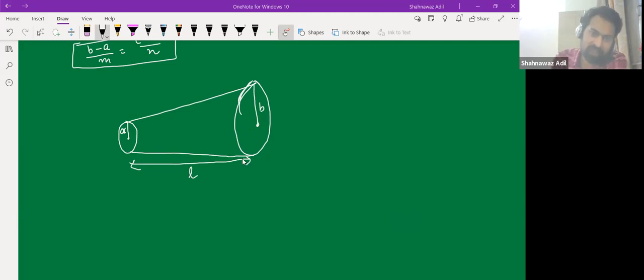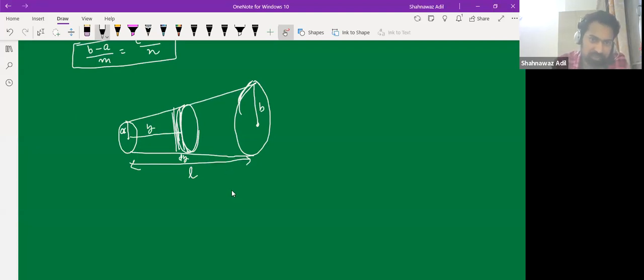So this kind of shape I was talking about, and we have to calculate the resistance of this shape. So as we did earlier, we will take a very thin strip. This is of length dy, and from here to here, this is y.